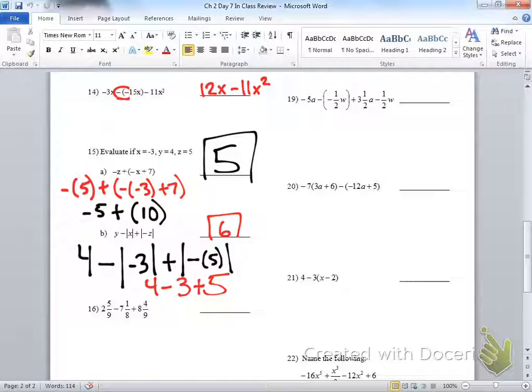Okay, number 16, I need to do what? Improper fractions. So that's going to be what? 23 over 9. Good. Minus. Plus.